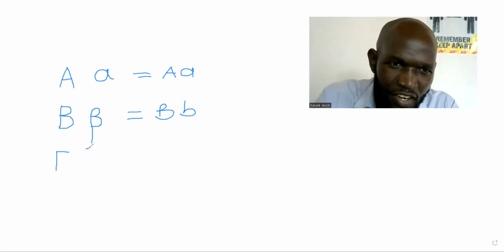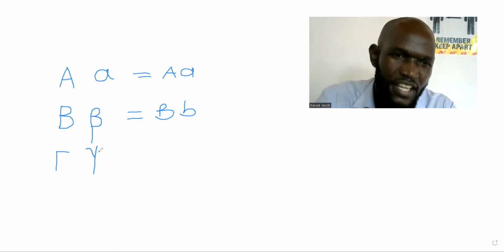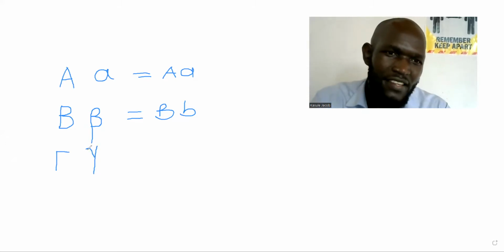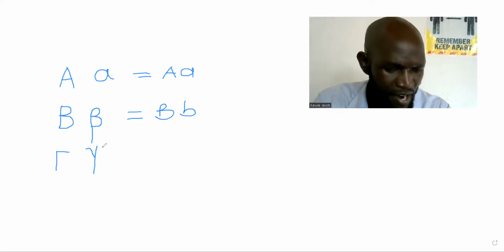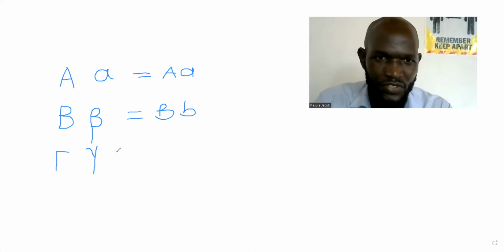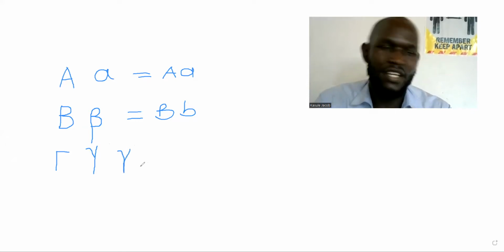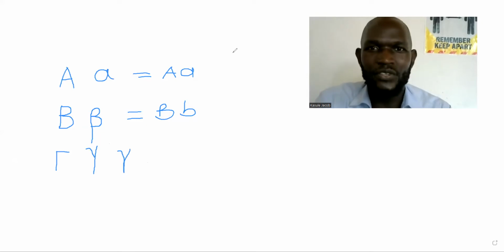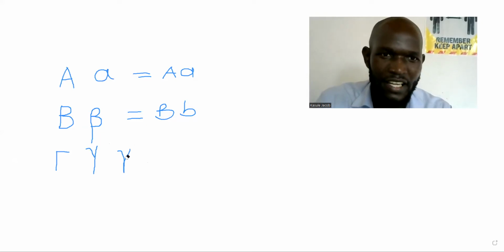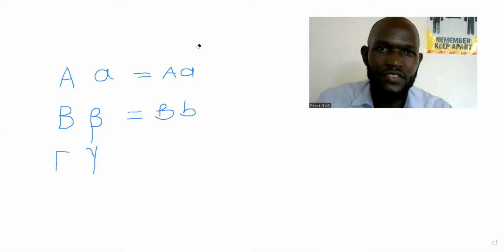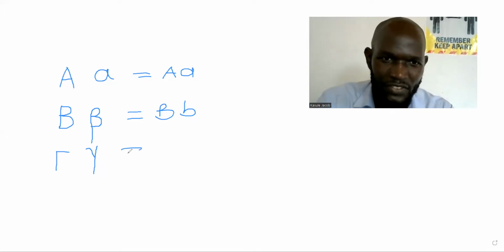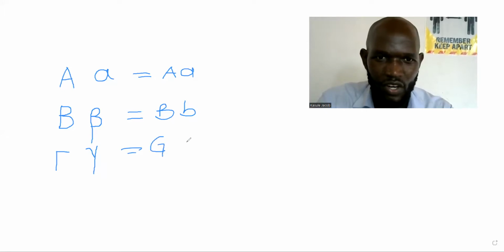Think of this curve, and then something like this. This part is a bit curved, and this part is a bit straight. A lot of times people write it like this: you begin with the curve, and you complete and take it from down. So that is gamma, and of course that's equivalent to the English G.